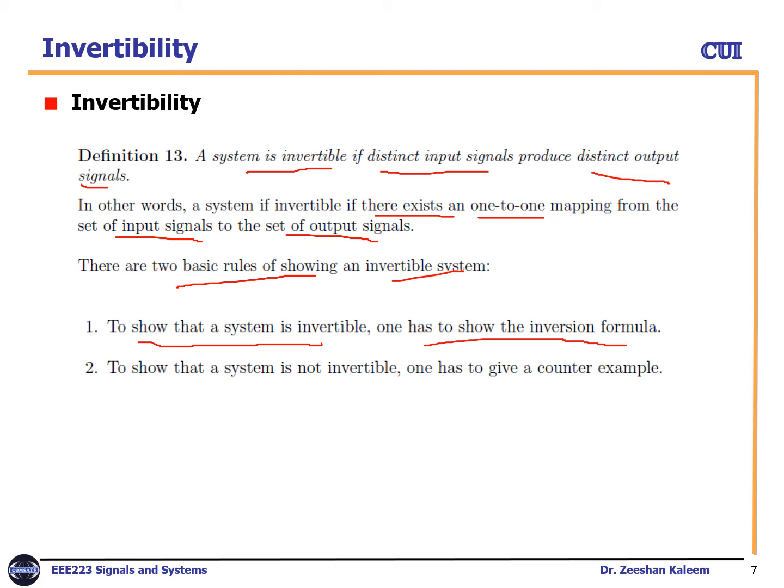The other rule is that to show that a system is not invertible, one has to give a counter example. A counter example means that by giving two different input signals, we get the same output signal. In this case, the system is not invertible. Let's see the examples for clarification.